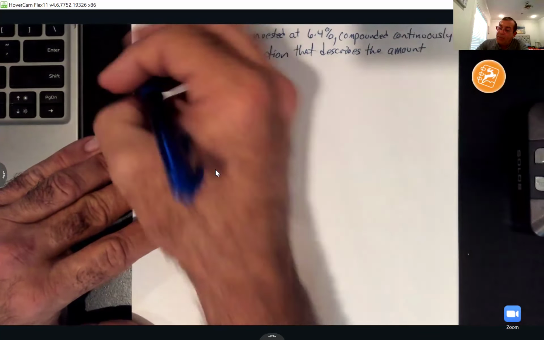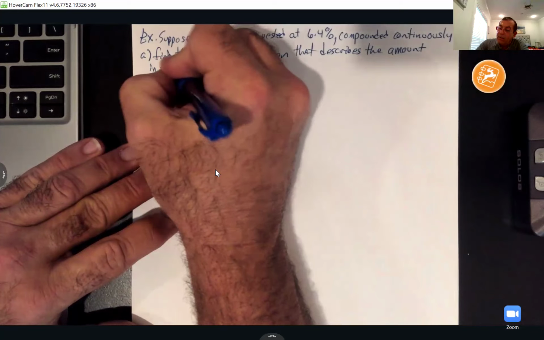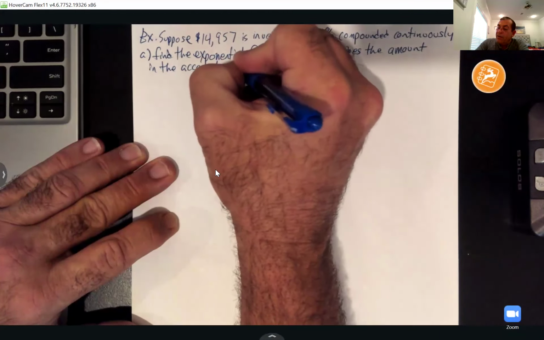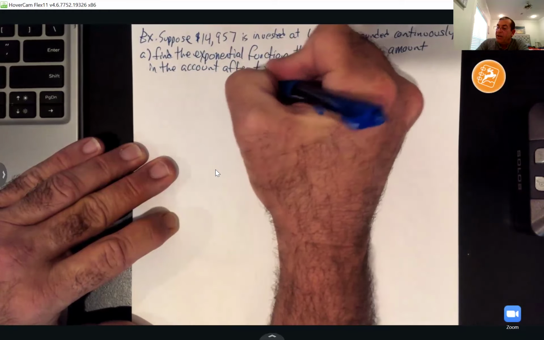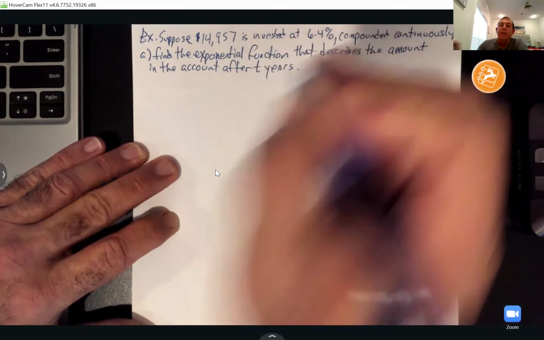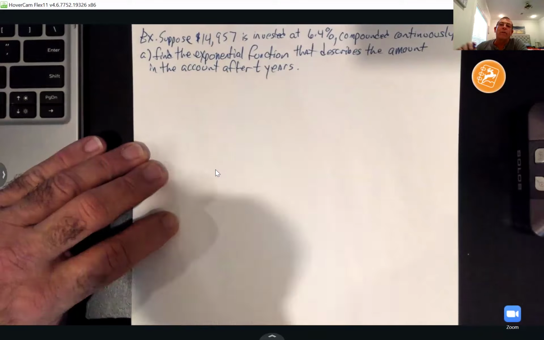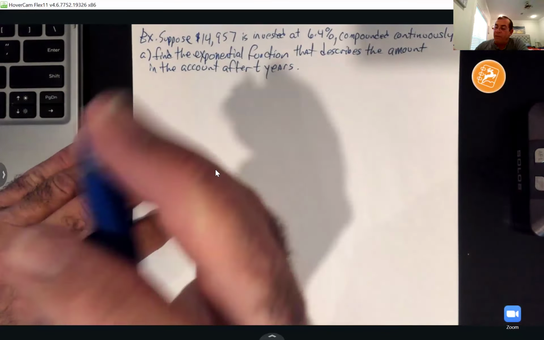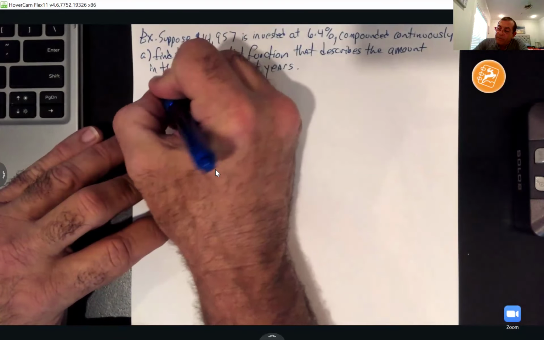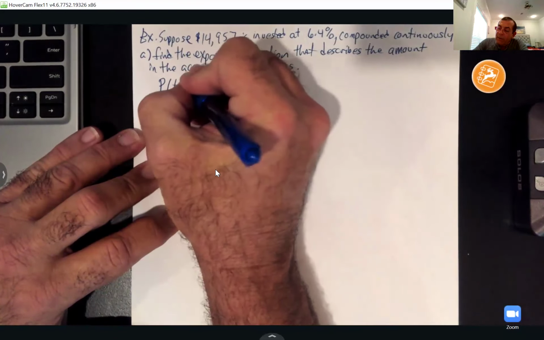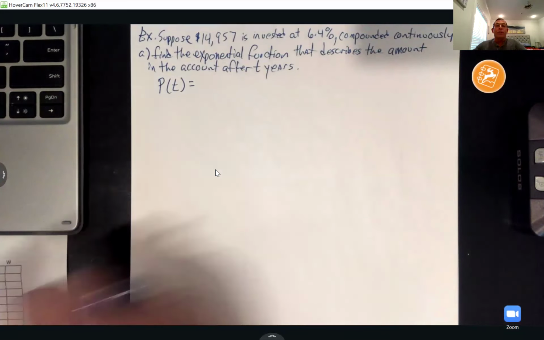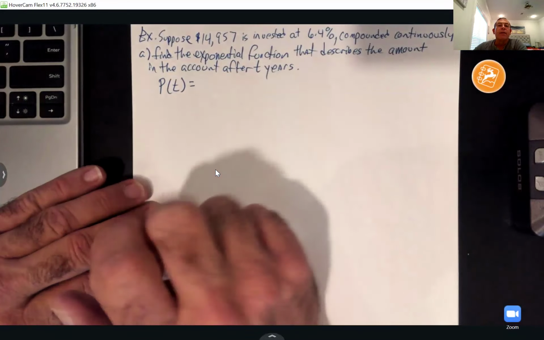So that describes the amount in the account after t years. So this is just like on the first question. They just want me to come up with a formula. I think once again they give us the P of t. We just got to fill it out, okay?